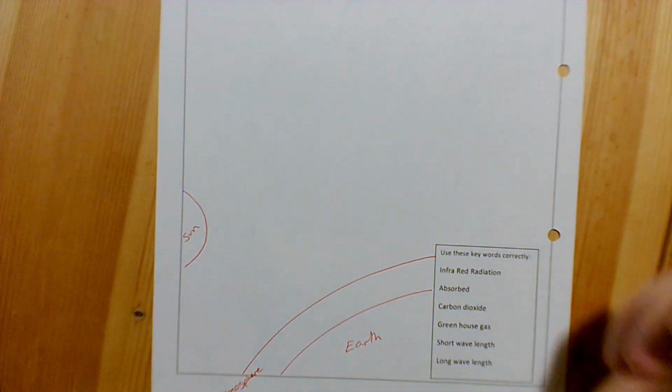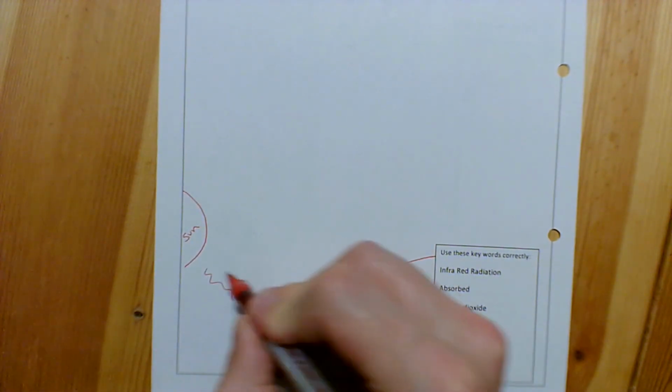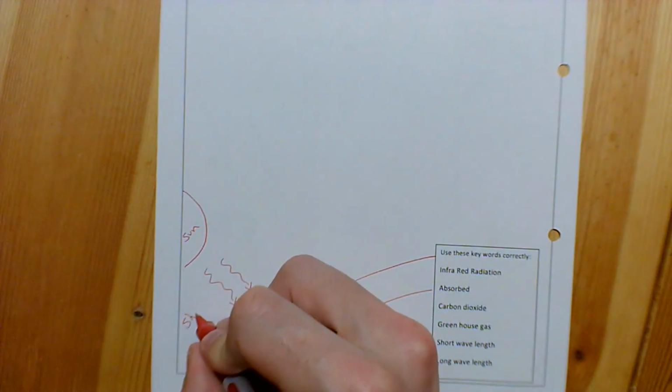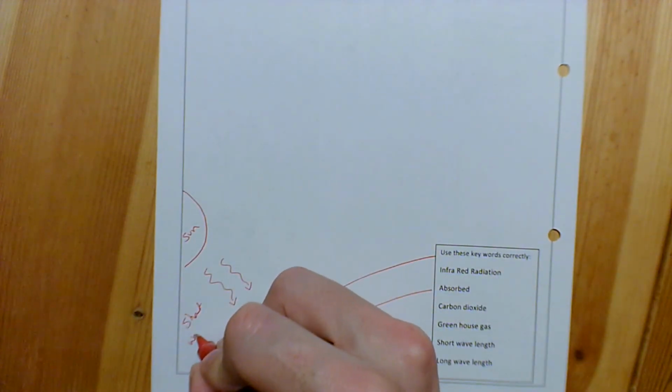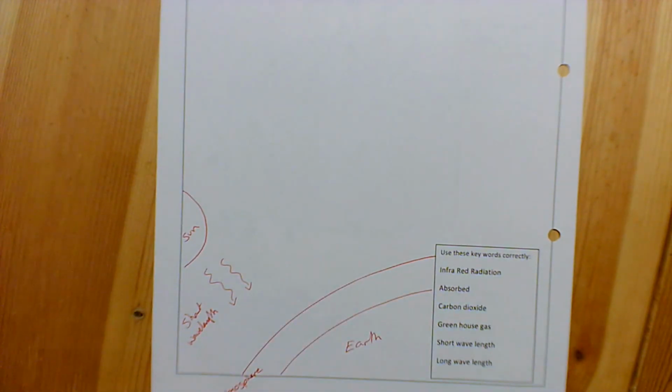So the greenhouse effect essentially has four main parts. Number one, we have short wavelength, and we must talk about this in terms of wavelength, okay?